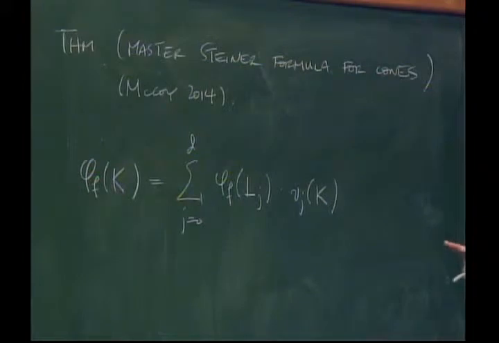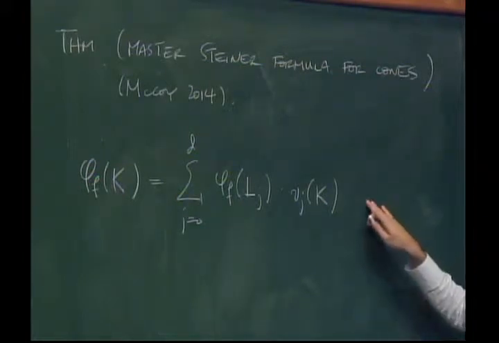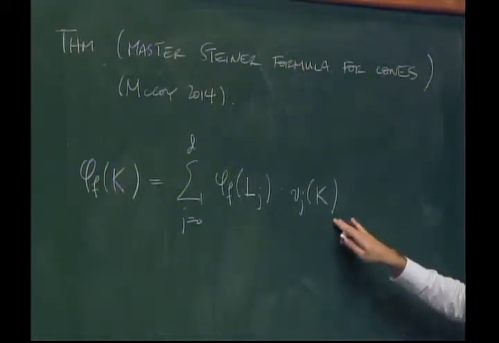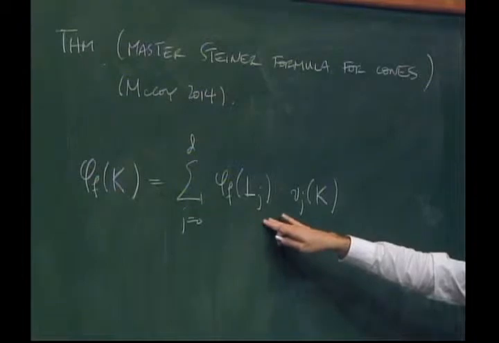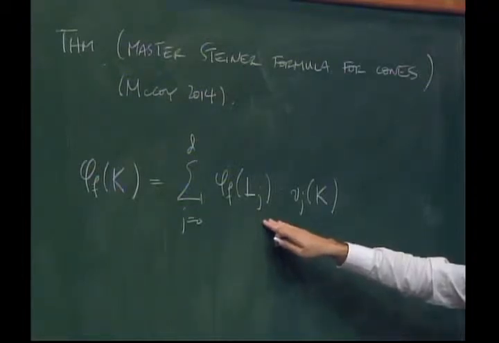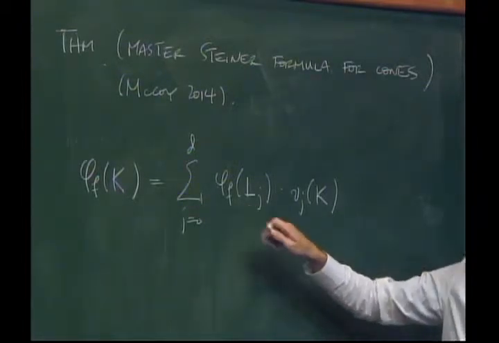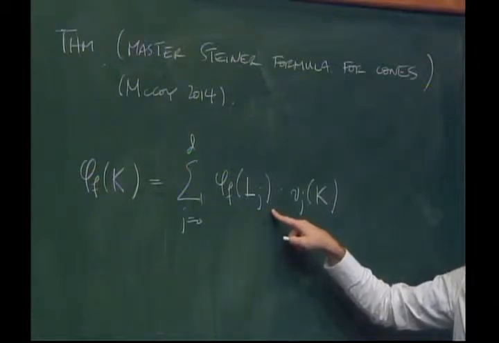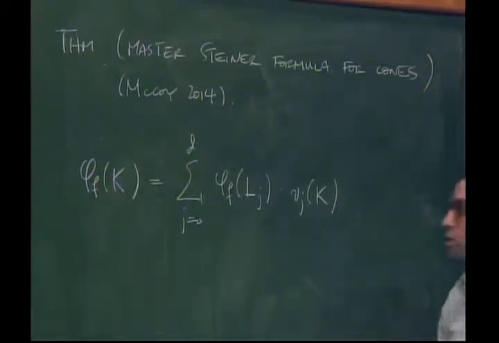So every functional of this form factors into the intrinsic volumes, which contain all of the information about the cone, and some coefficients, which tell us about how the function behaves, but only through the behavior on subspaces.